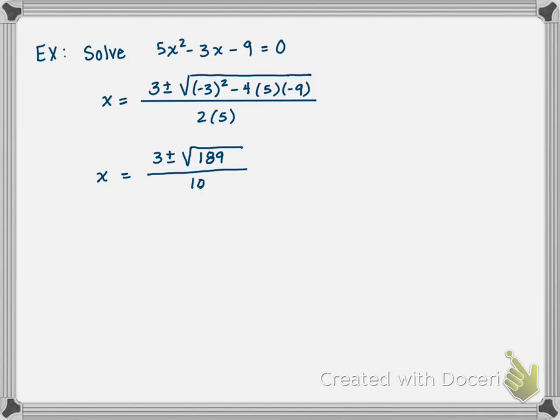So let's talk about some other things that we can get from the quadratic formula. It gives us these solutions, but it also characterizes solutions for us if we break it down a little bit.